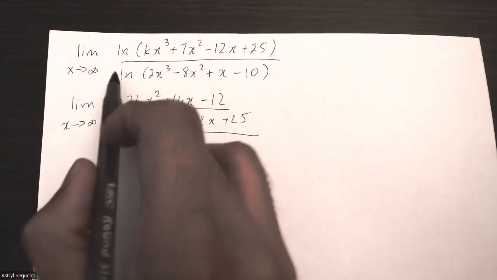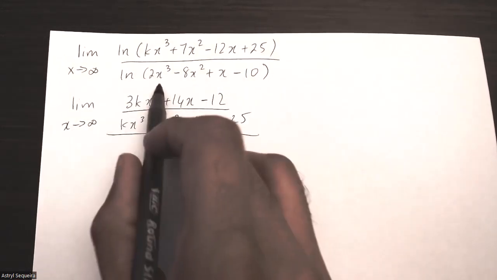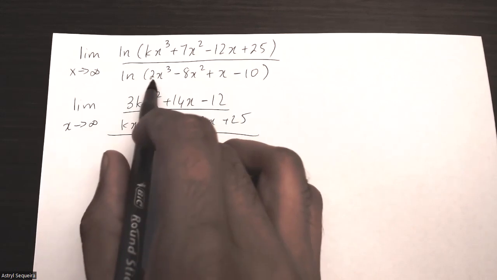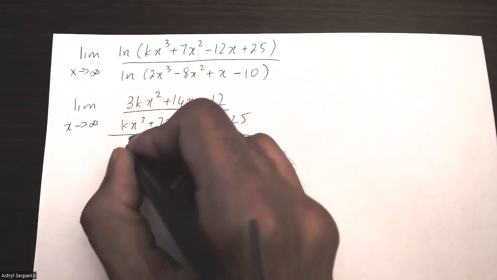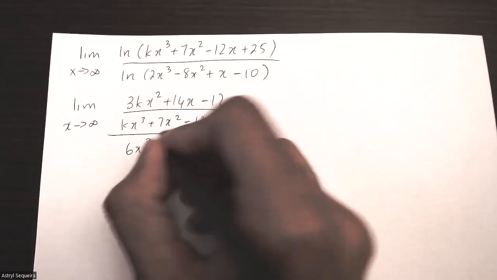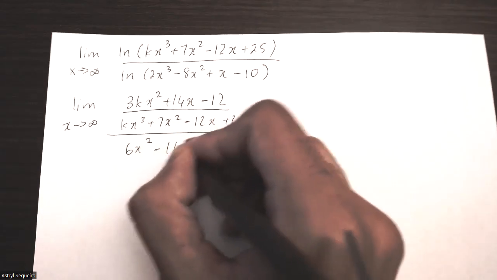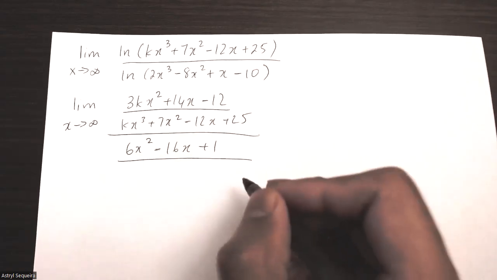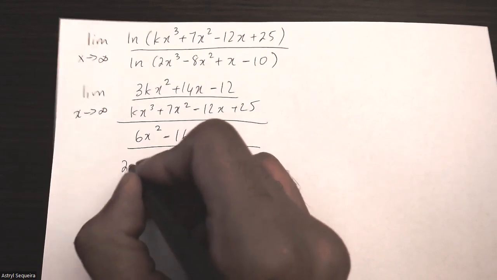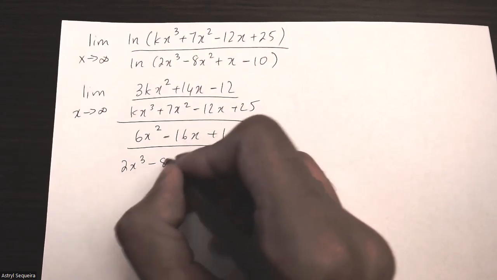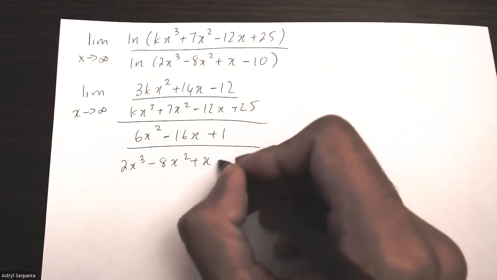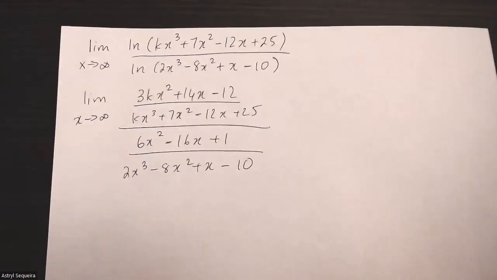Then I'll divide this all by the derivative of the bottom, which is just the derivative of the inside divided by this whole thing. So that's just 6x squared minus 16x plus 1 over 2x cubed minus 8x squared plus x minus 10.